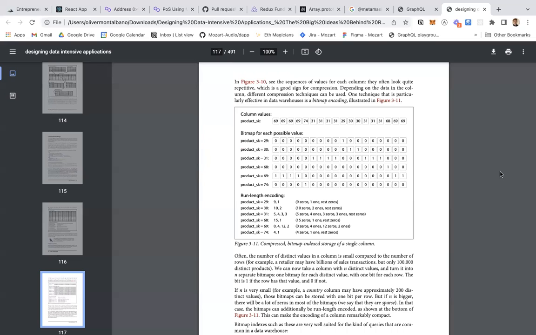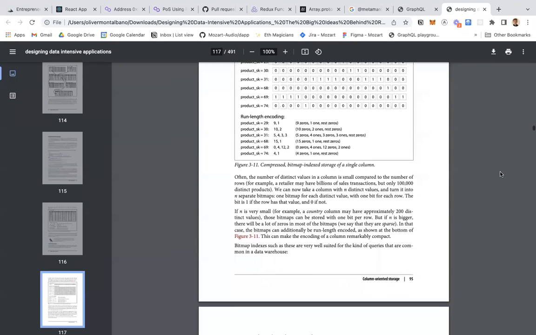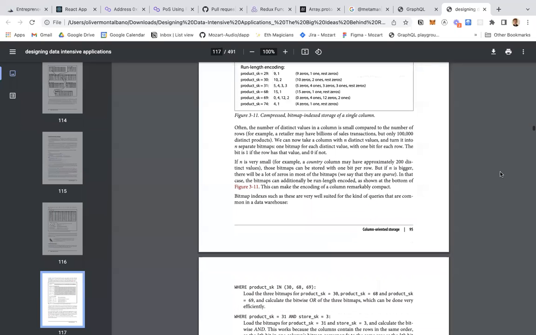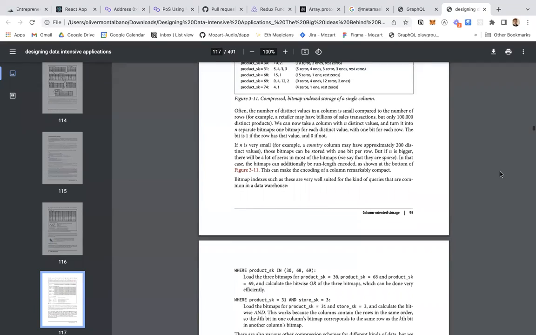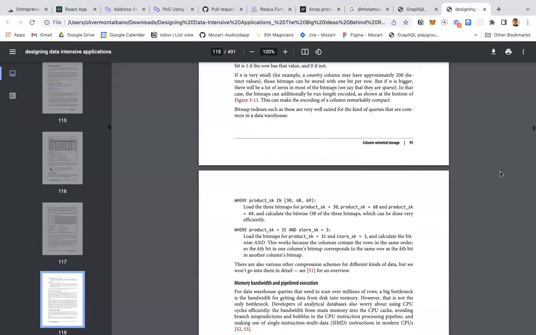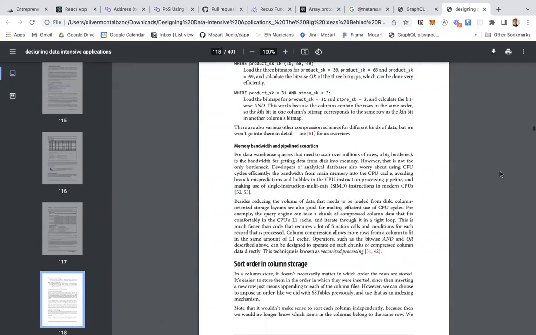Oh, interesting. It's saying bitmap encoding. I wonder how they would.